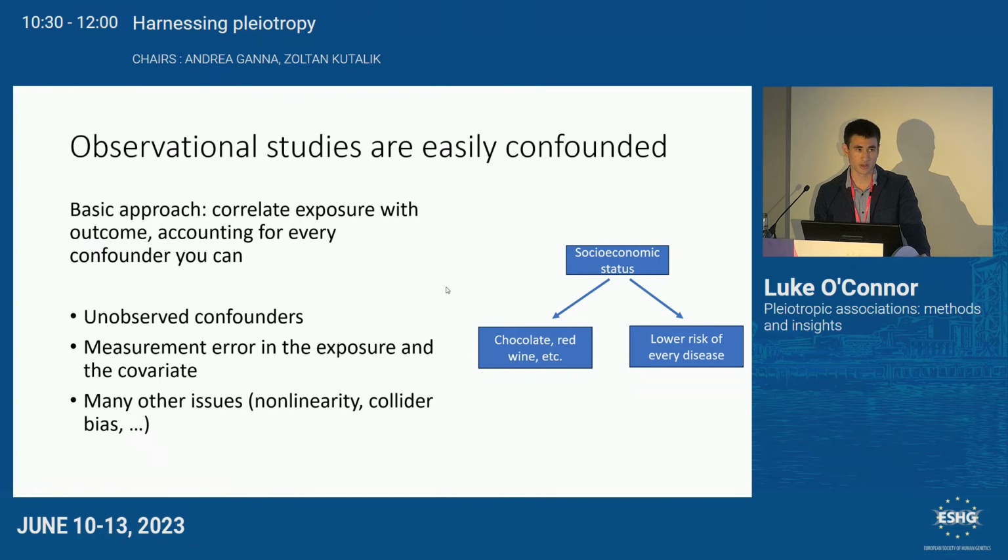But there are always going to be unobserved confounders, and more generally measurement error in the exposure as well as in the covariates that you're trying to account for can cause these associations to be spurious. There's many other issues as well, but really the main motivation for a genetic approach is the difficulty of accounting for unobserved confounders in observational studies.